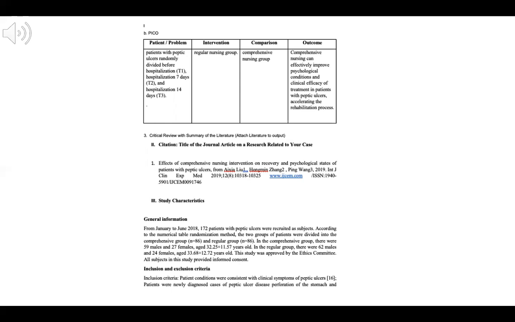And upon searching, we found a study that will be able to address that question. Then we put the citation, the title of the journal article, and also the next part of the EBN paper is to discuss the study characteristics from that study that we were able to gather.